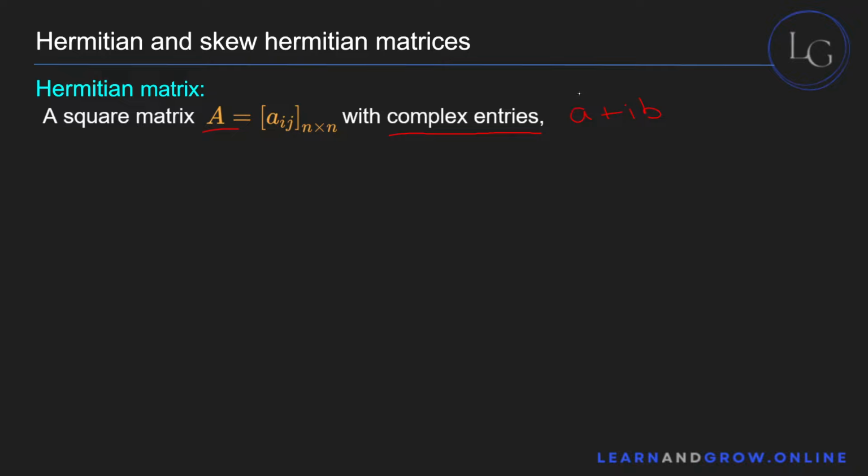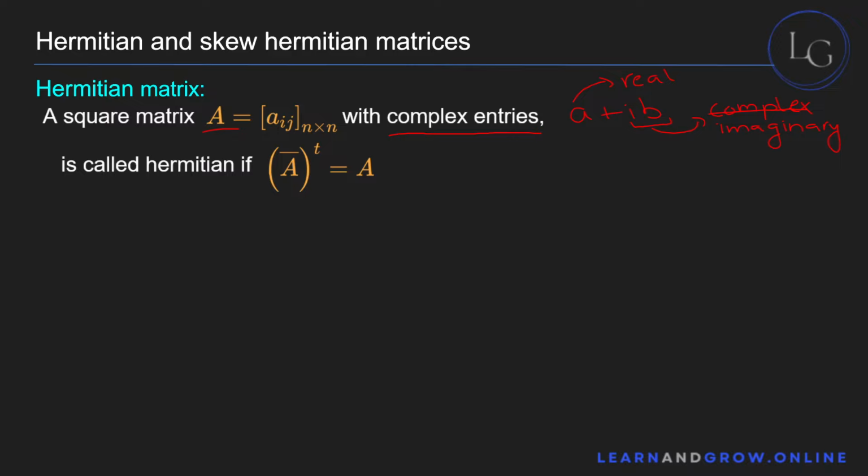Here a is the real component of the complex number and ib is the imaginary part of the complex number.